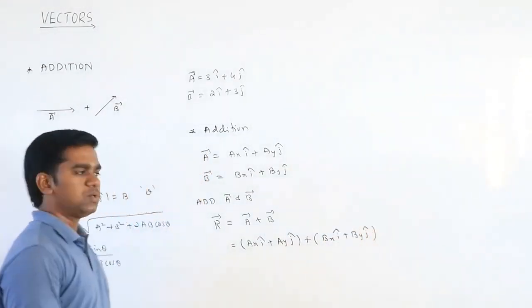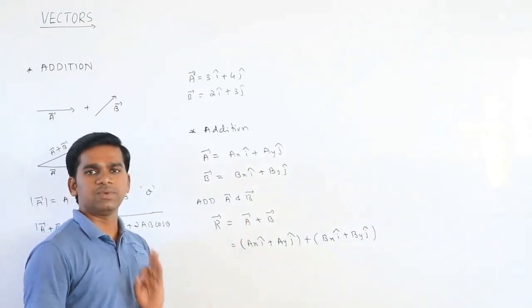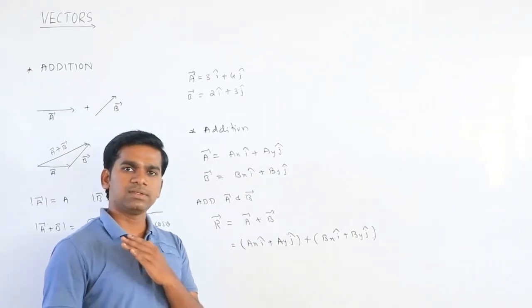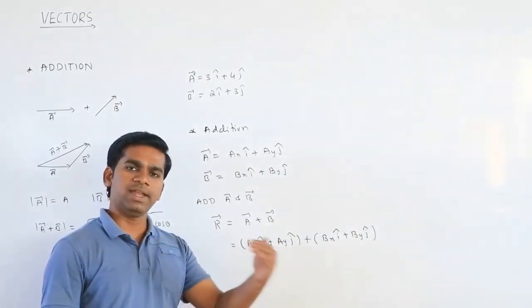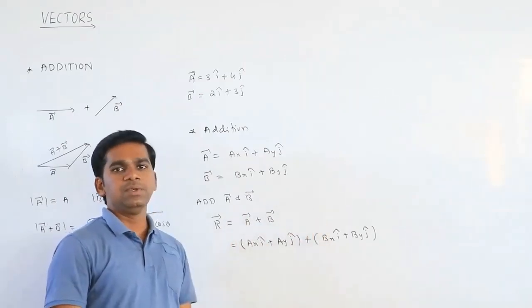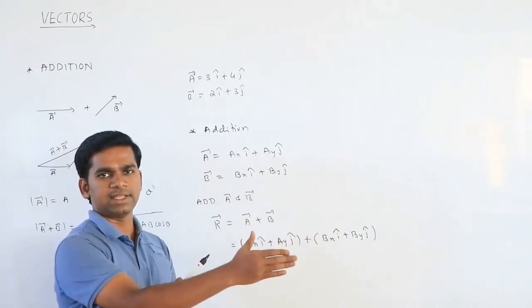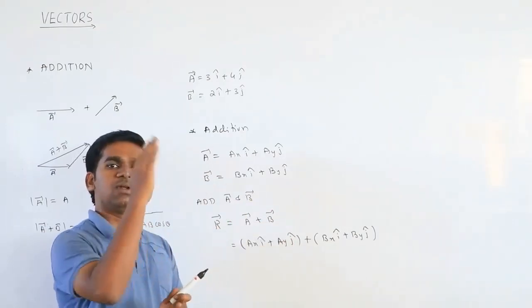Now how can we add? It's very simple. Just keep the vectors along the x axis separate and those along the y axis separate, so you can add those along the x axis, and you can add those along the y axis.